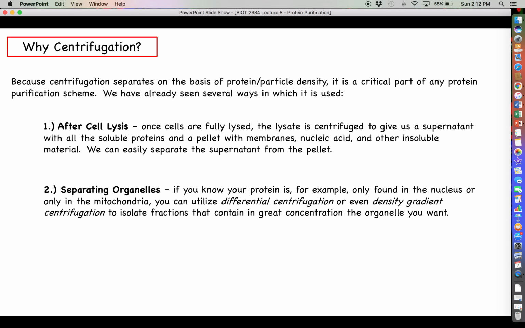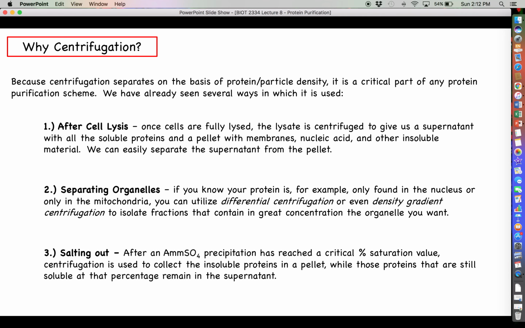And if you have that pre-existing knowledge, you can use differential centrifugation or even use a density gradient using something like Percoll or sucrose to isolate the organelles into a number of different fractions so that you can get an especially concentrated fraction that mostly contains just the organelle that you know your protein exists in, and you can discard all the other organelle fractions that you're pretty sure your protein does not exist in.